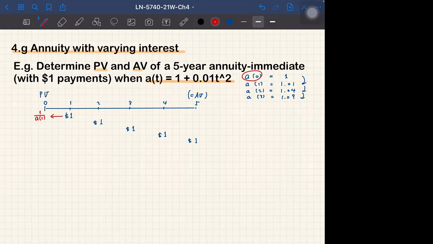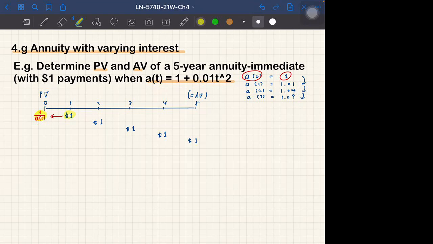So A(0) is 1. So we have to divide the amount by A(1) to equate the value. So this $1 becomes A(1). So that means the 1 over A(1) becomes $1 after a year.